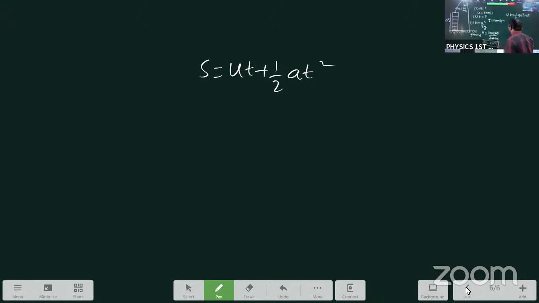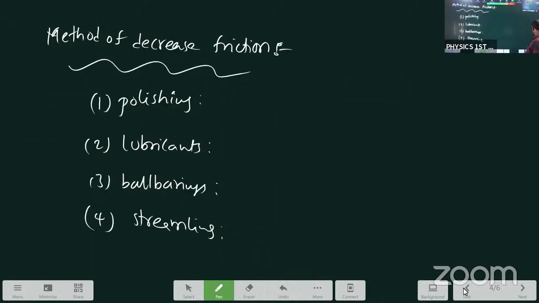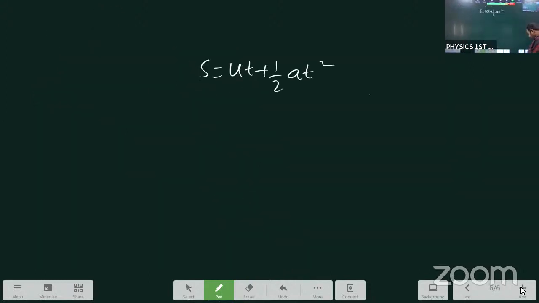Now see, everyone, listen carefully. From here to here, again here, see. What does displacement mean?